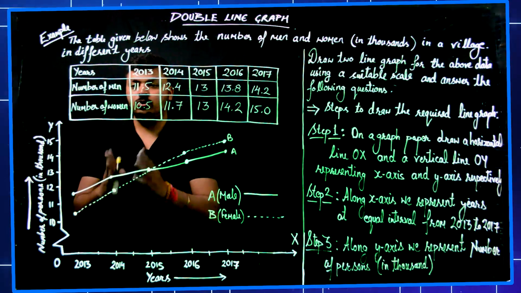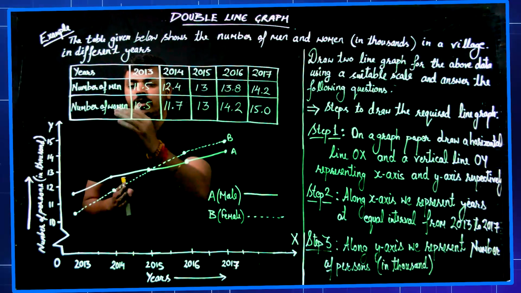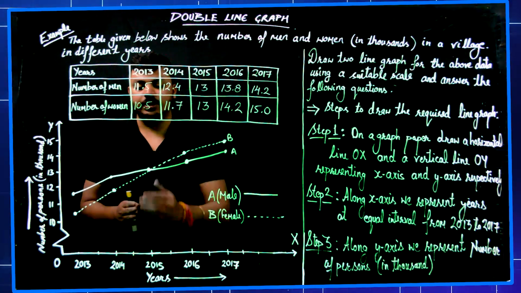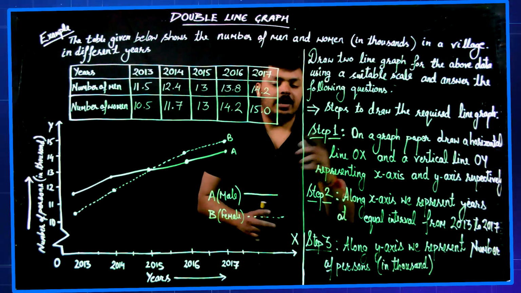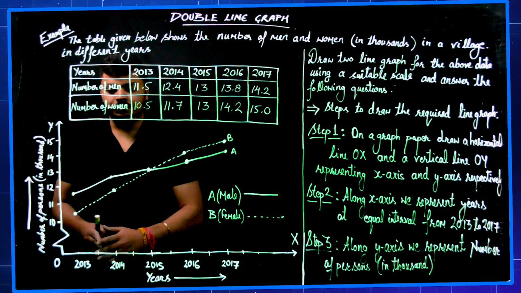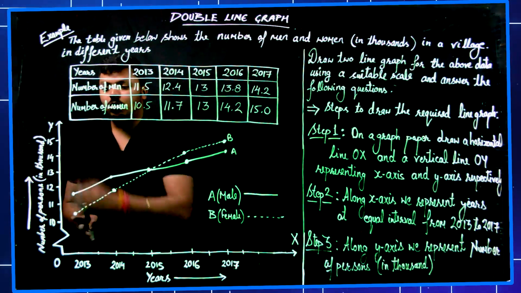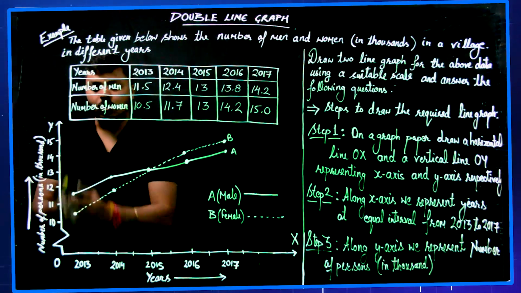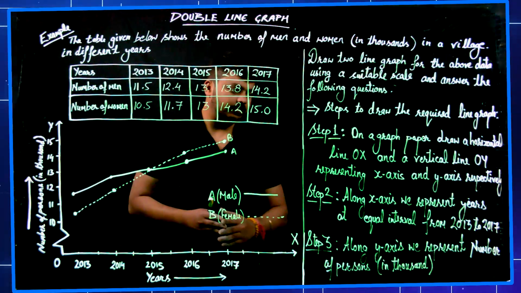Steps to draw the required line graph. Here we have to draw two line graphs, one for the number of men and one for the number of women according to the respective years. Step 1, first of all we draw a horizontal line OX and a vertical line OY. OX represents the x-axis and OY represents the y-axis.